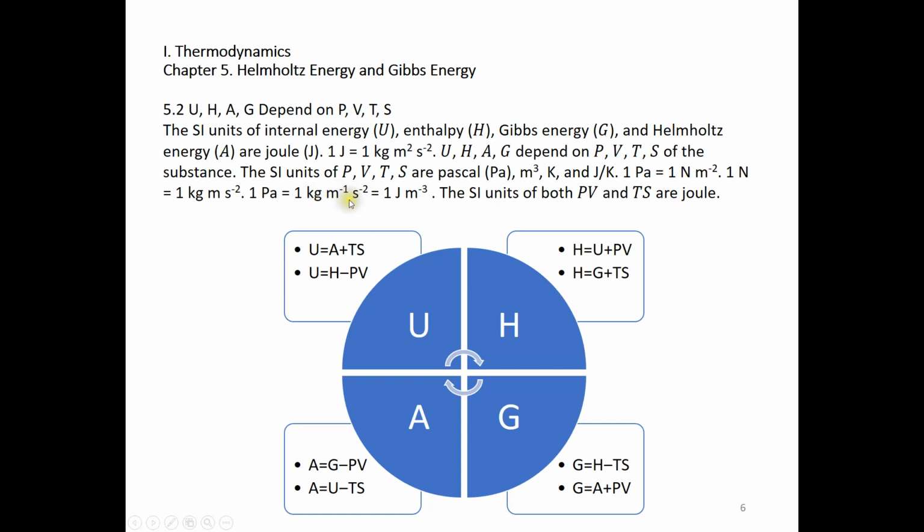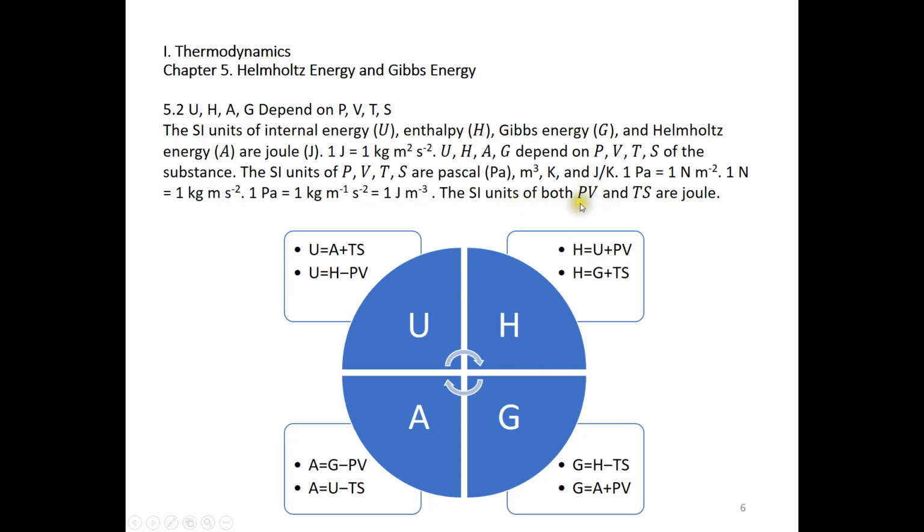Also this can be written as 1 joule over cubic meter. Again, it's just because 1 Newton times 1 meter is a joule. So that's why now we have 1 Pascal multiplied by 1 cubic meter equals 1 joule. If we multiply P and V, the product PV has the unit of energy.